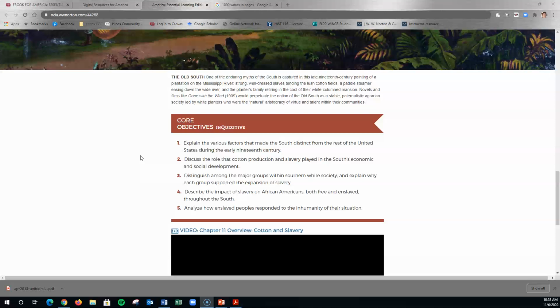In graduate school, or if you're a history major, there's a class called Old South, and this is the antebellum South, the South before the war. The chapter is going to talk about what made the South distinct from the rest of the United States, and we've already talked a little bit about this, because the answer is number 2.